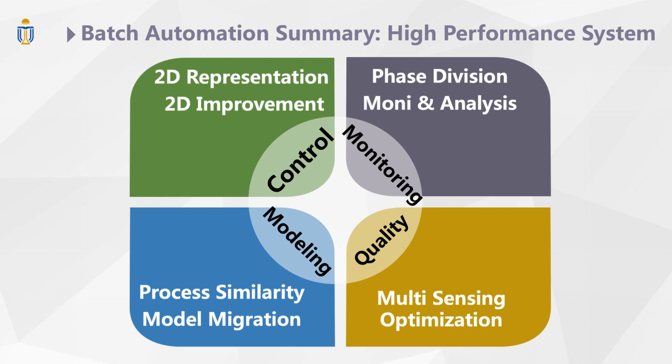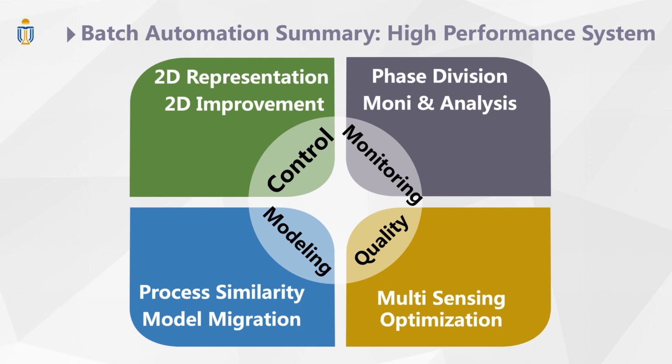So basically, we have done work in four areas. One is the modeling. In modeling, we make use of process similarity so that we can develop a model migration strategy. It allows you to efficiently build the model for different products. With the control, we developed a so-called two-time-dimensional model representation. For that, you can derive 2D identification and 2D state estimation as well.